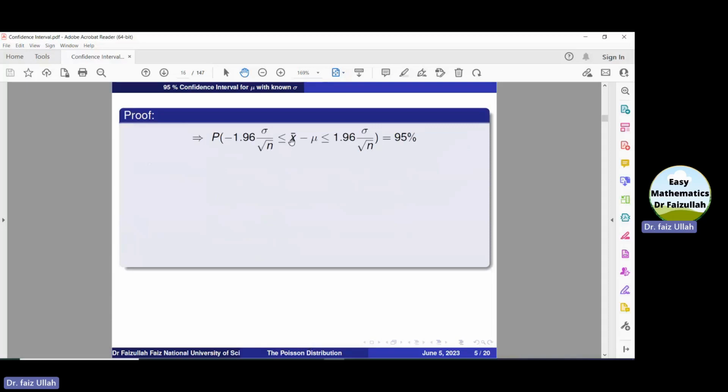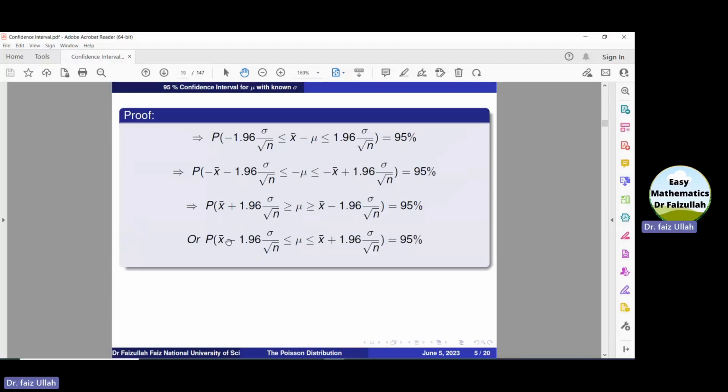In the next step, we subtract x bar from each inequality and we get this one. Now we multiply each inequality with minus, so the inequality will change. When we multiply this with minus, it will become plus, this will become plus, this one is plus and this one is minus, and the inequality has been changed.